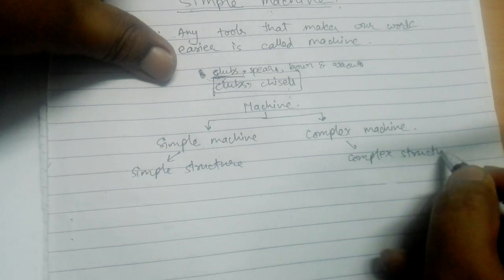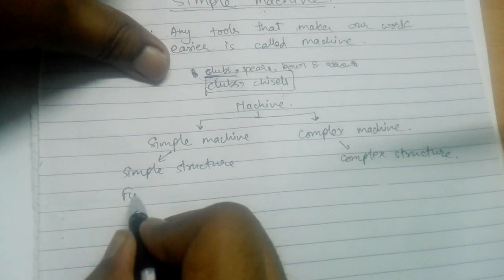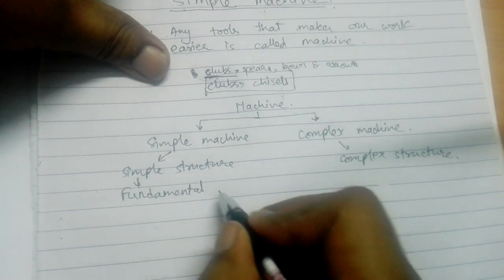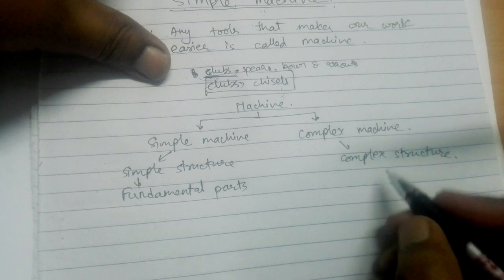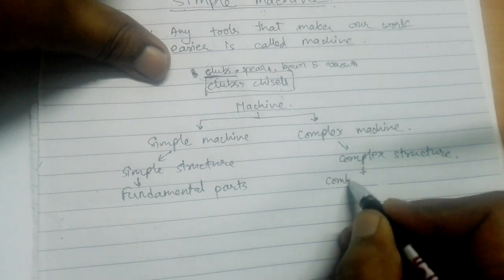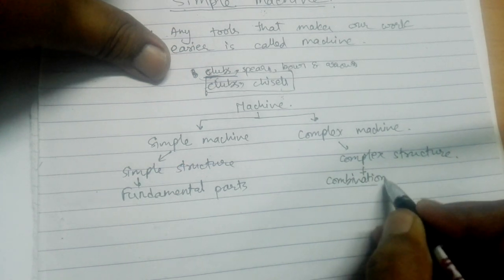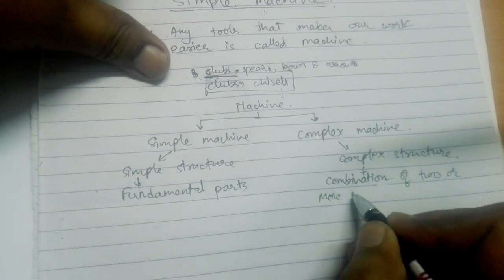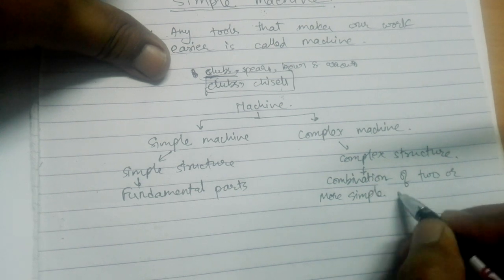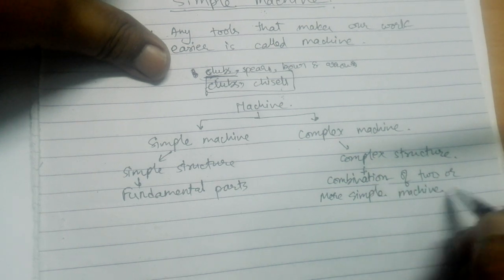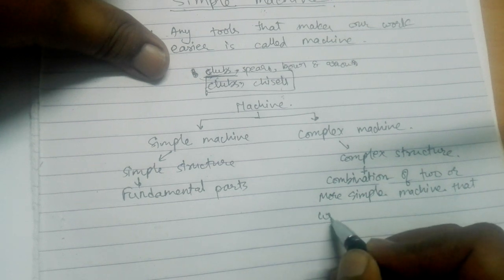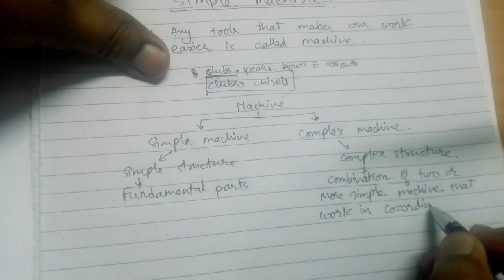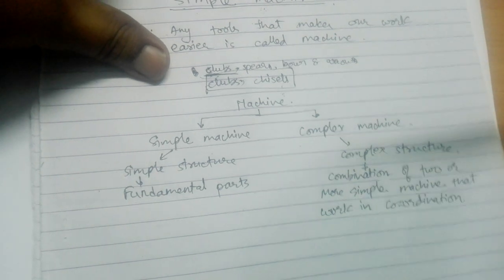Or you can say simple machine is the basic or fundamental part, and a combination of two or more simple machines that work in coordination is a complex machine.